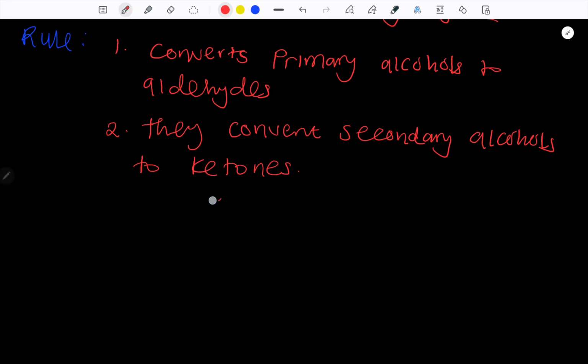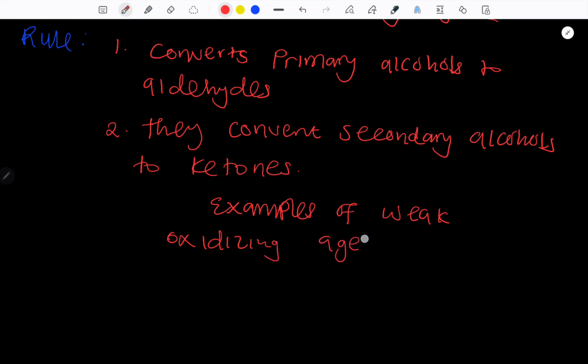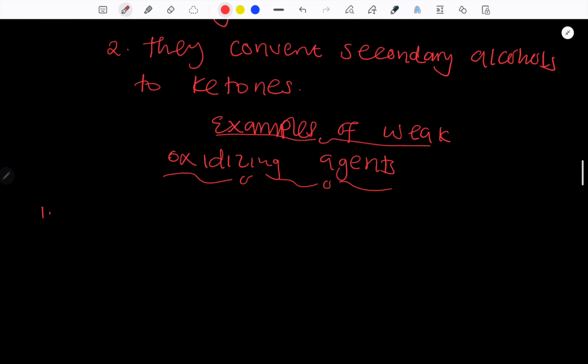So examples of weak oxidizing agents. Number 1, we have our common weak oxidizing agent known as PCC.